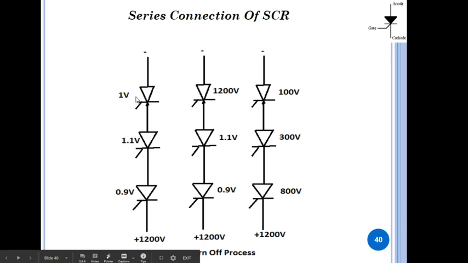When we apply the reverse voltage to commutate the SCR, reverse recovery current starts flowing. We just covered this topic in the dynamic characteristics of SCR.